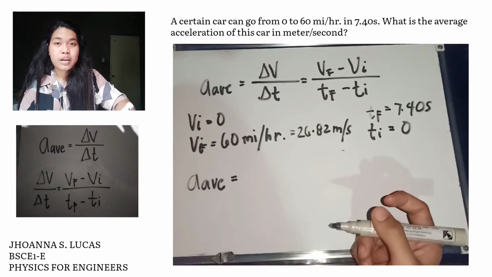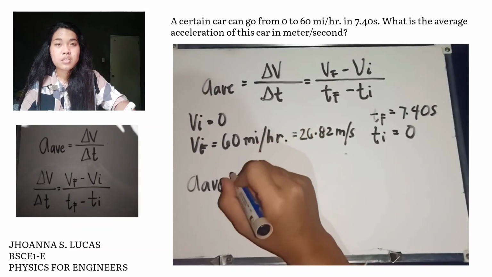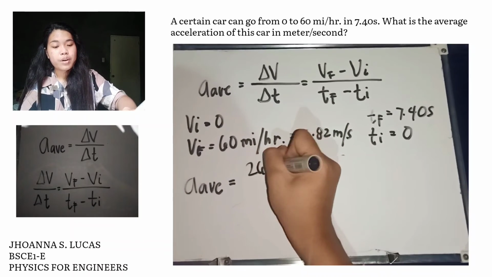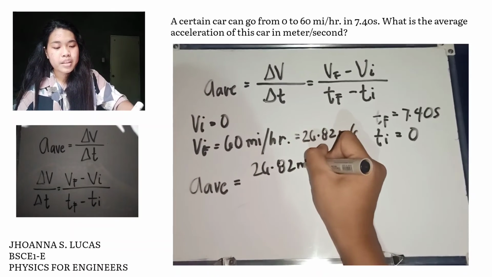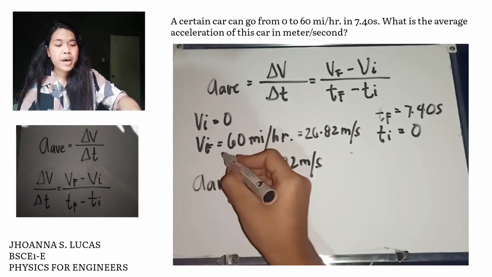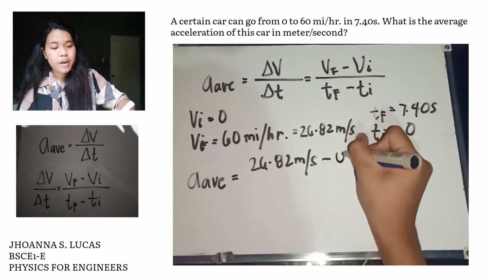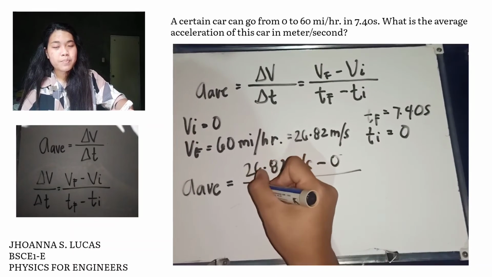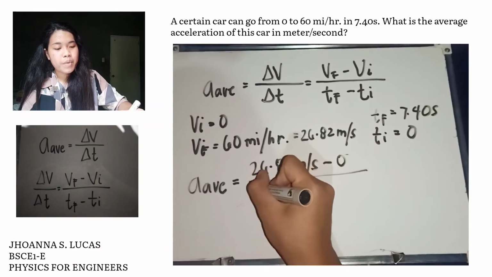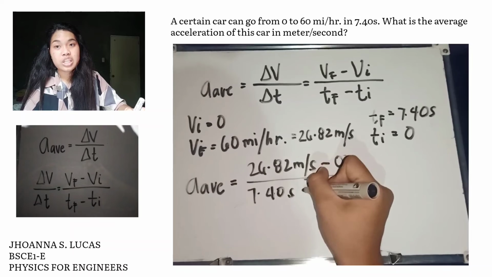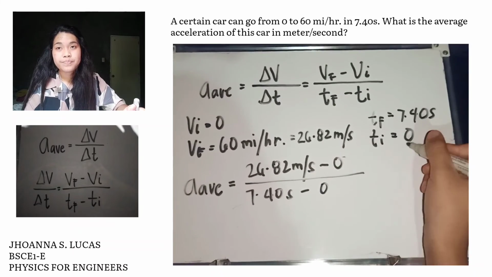So, 26.82 as our final velocity minus initial velocity, which is 0, over final time, which is 7.40 seconds, minus 0 as our initial time.